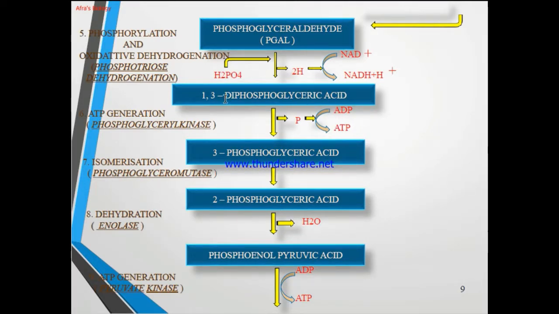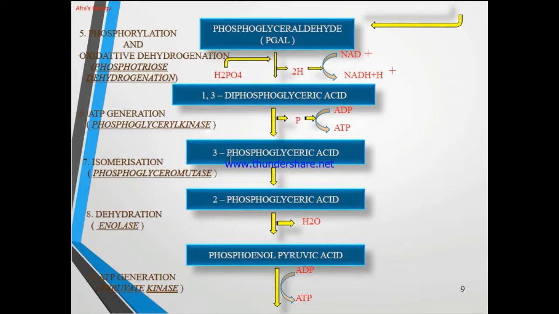As we know, we have 2 molecules of 1,3-diphosphoglyceric acid, because previously we discussed that dihydroxyacetone is further converted into phosphoglyceraldehyde. So we are taking 2 molecules. Hence we use 2 molecules of ADP, which will convert into ATP. So 2 ATP are formed here.